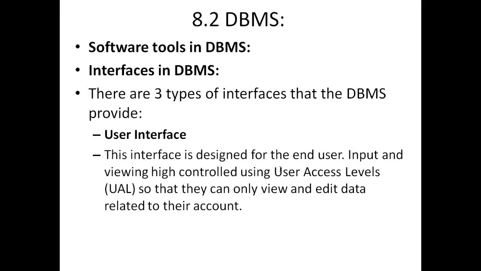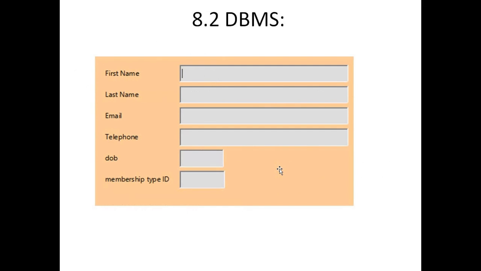This interface is designed for the end user. This is used to input and view high control data using user access levels, so that they can only view and edit data related to their account or for which they have the proper authentication or permission. And this is also known as form view in most of the DBMS software.